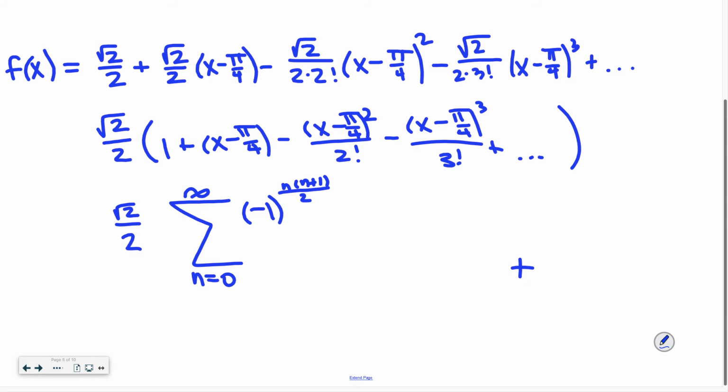When you plug in 1, you would get negative. Then 2, 3, 4.